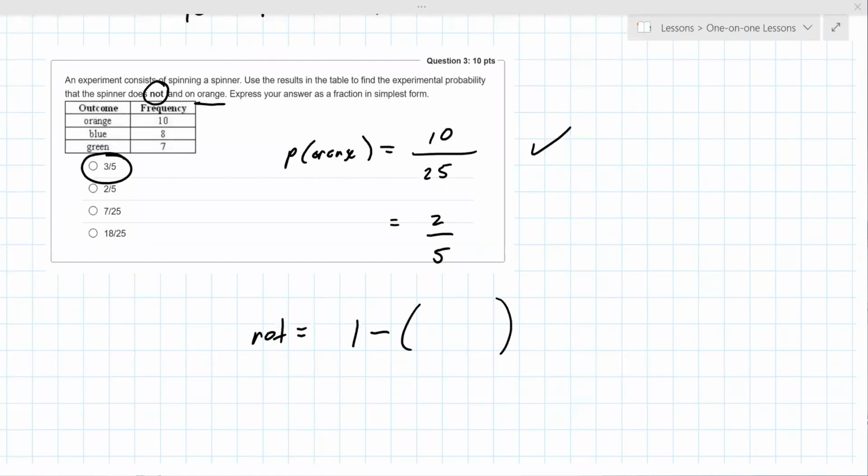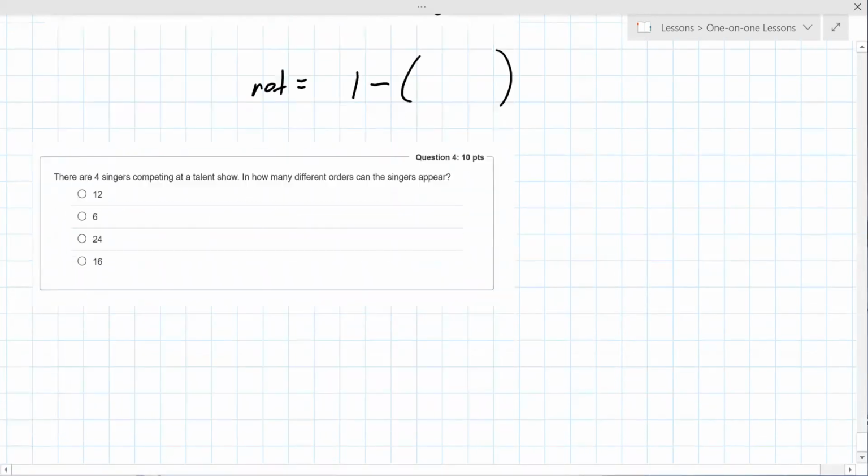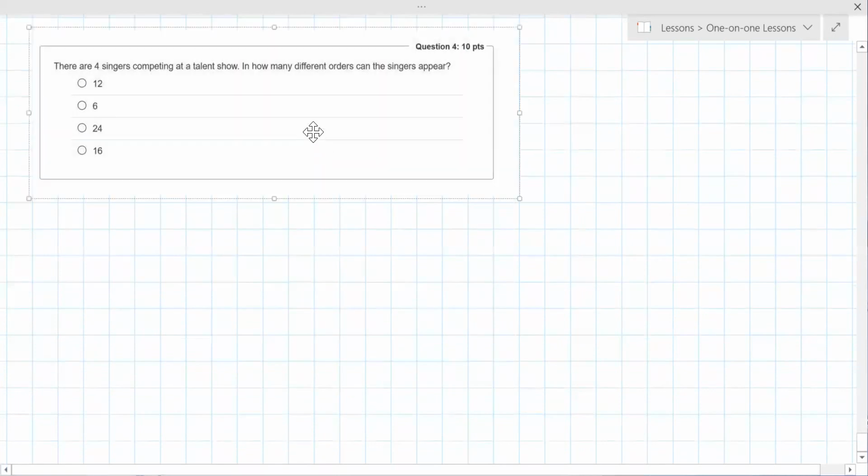All right. So here's a question that's really similar to what we just did in the work today, just a different number. See if you can work this out.